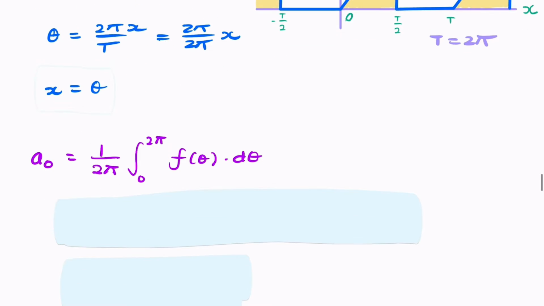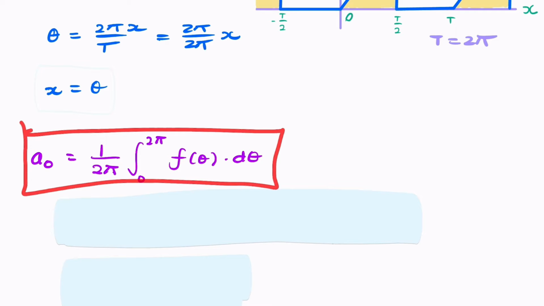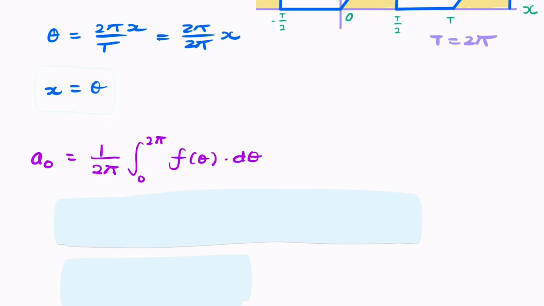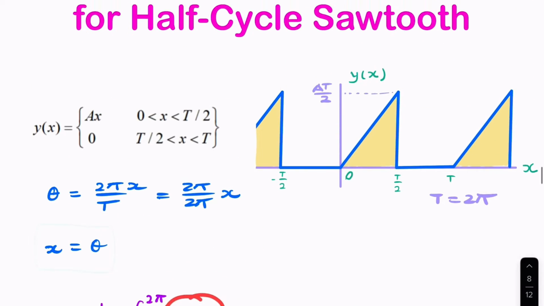Now the coefficients have known expressions. So to find a0, it's just the average value. So the average value a0 is the integral of your function over one entire period divided by that period. So it's 1 over T, or 1 over, in this case, 2 pi, the integral from 0 to 2 pi of f of theta.